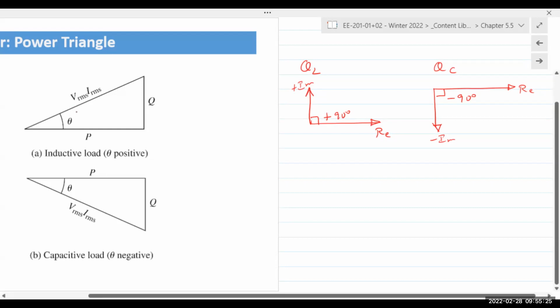The phase angle theta is known as the power angle. It is also the same as the impedance angle.